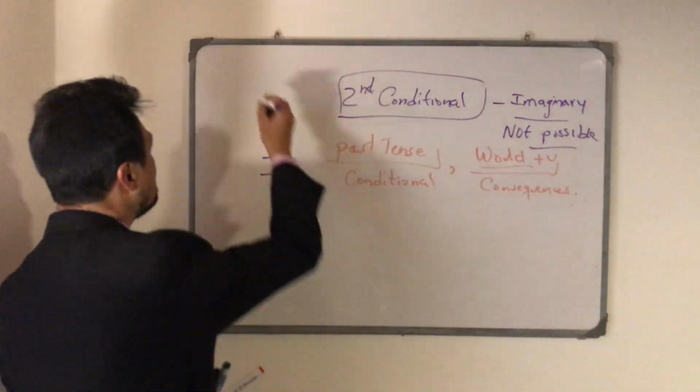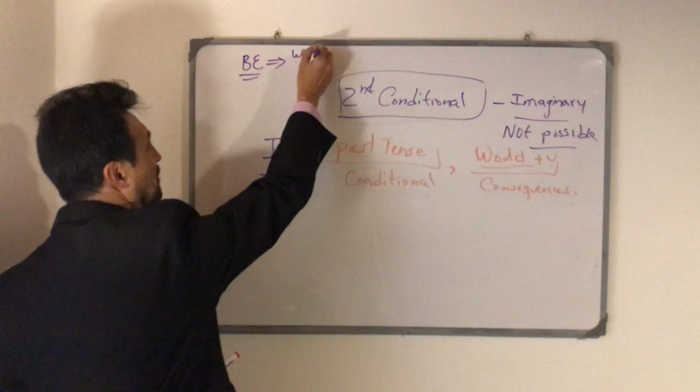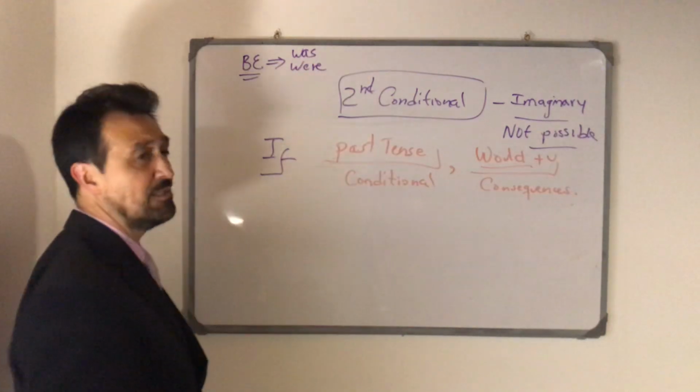When you use the verb to be in the past tense, you use was and were.